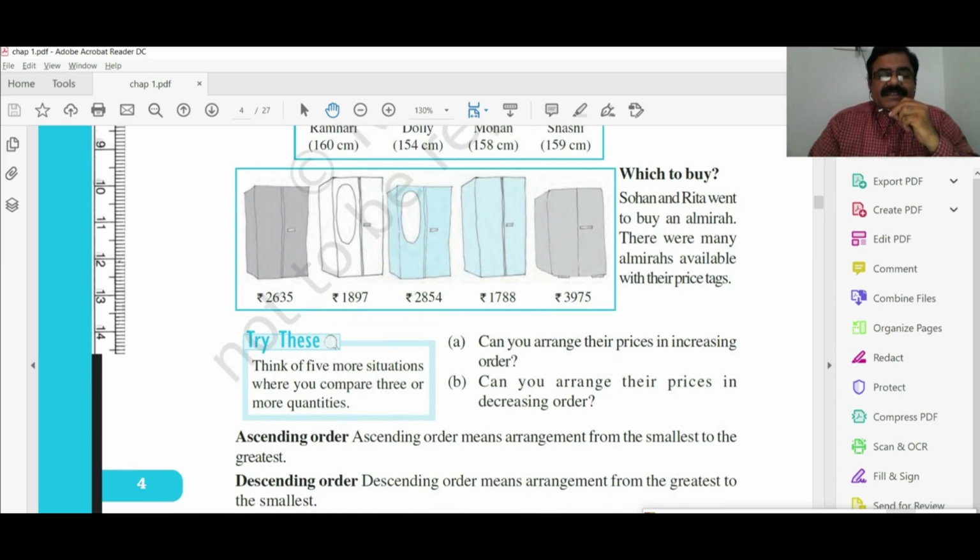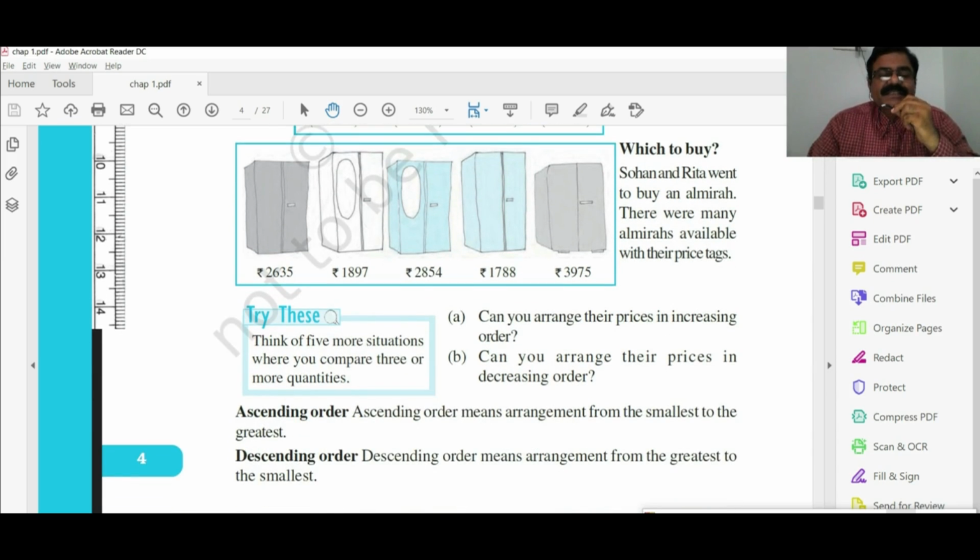The question is how we can arrange the numbers. There are two methods to arrange the numbers. One is known as the ascending order, while the other is the descending order. Ascending order means arrangement from the smallest to the greatest, and descending order means arrangement from the greatest to the smallest.